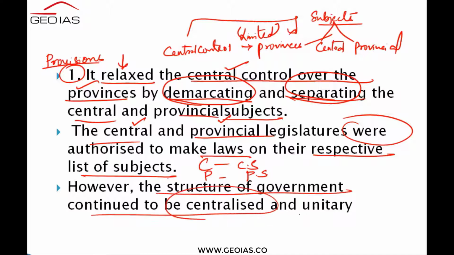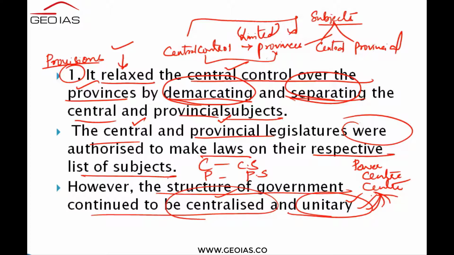So the structure of the government till now is central, meaning all the power is vested in the center itself, and it is unitary. Everything comes under the center itself. But the central control on the provinces was relaxed. If there are laws in the central list, the center can make them, and in the provincial list the provinces can make laws.